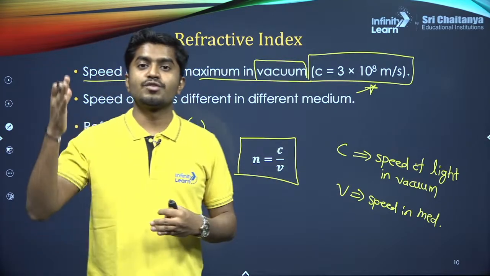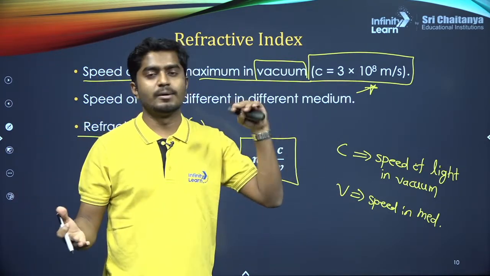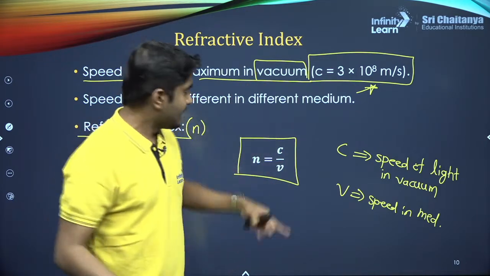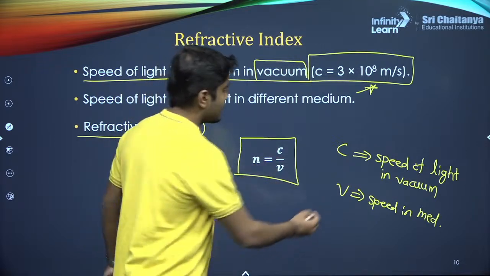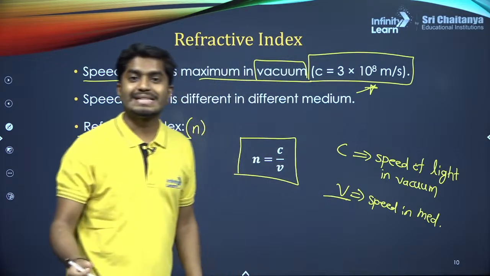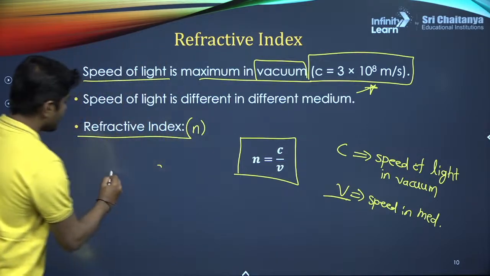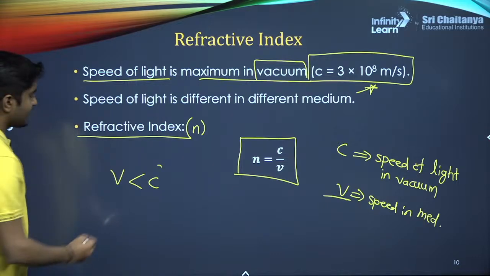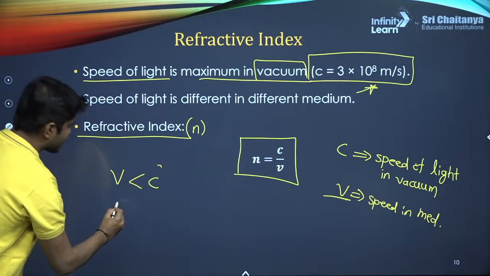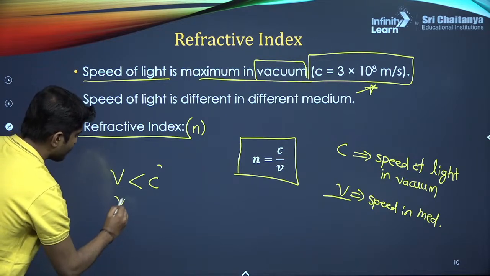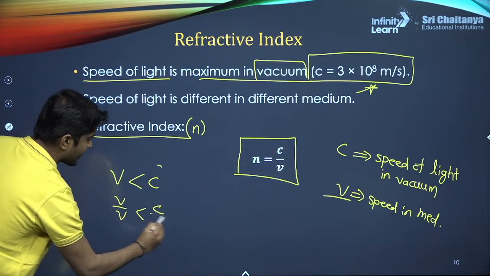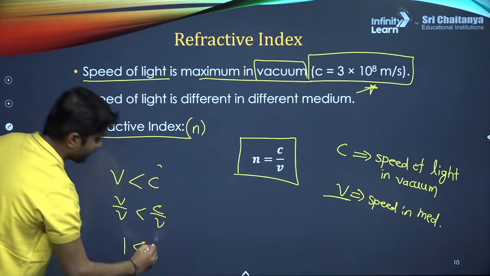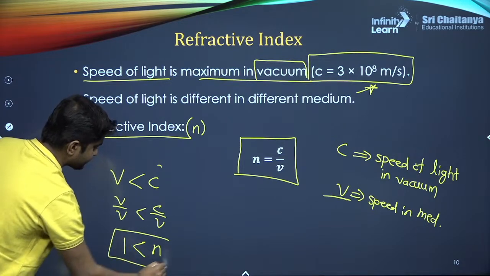When the light goes from vacuum to, let's suppose, water or glass, what will happen? The light will slow down. This speed is always less than c. So v is always less than c, and if you divide both sides by v, v divided by v is less than c divided by v. So 1 is less than c divided by v, which is the refractive index.